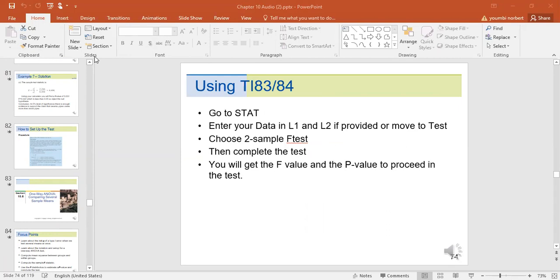Then variable 1, you highlight it. Then variable 2.